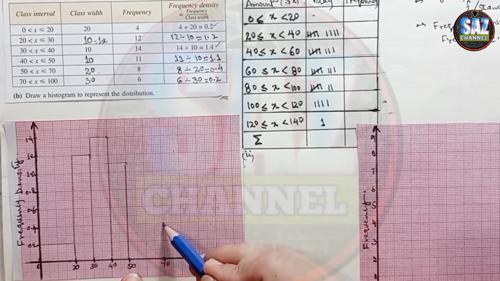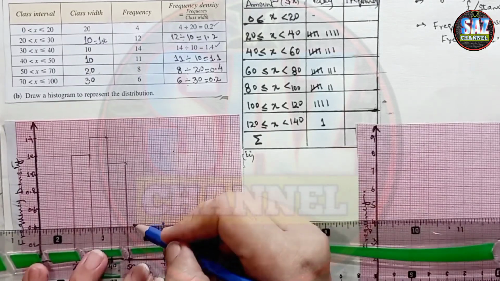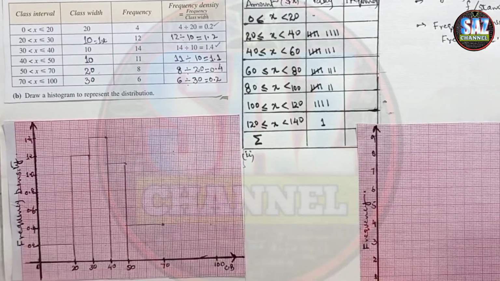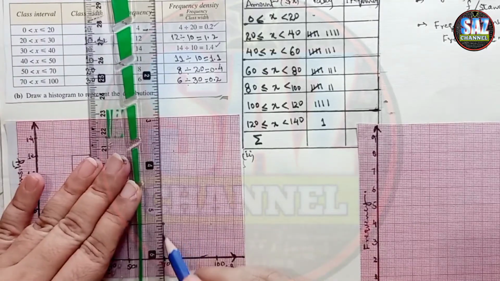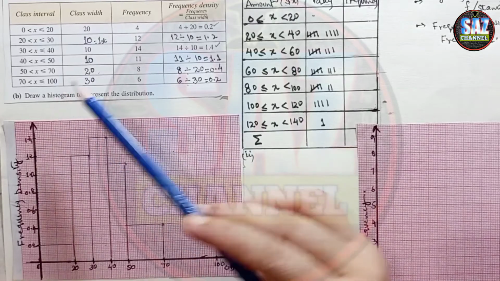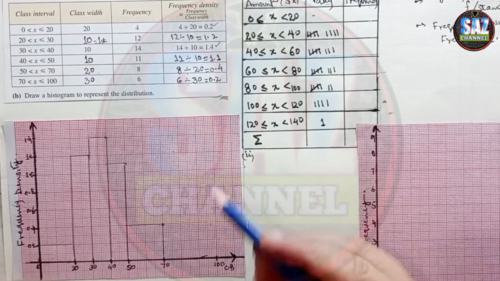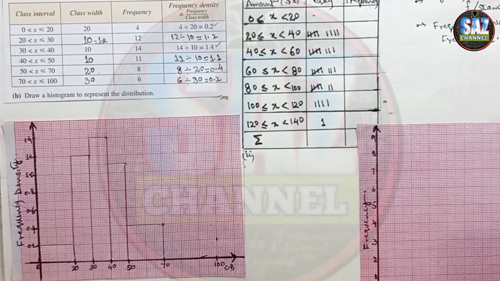My point will be coming at this place. And then the last one has a gap of 3 units, 1, 2 and 3 units, and I have to plot 0.2, so 0.2.